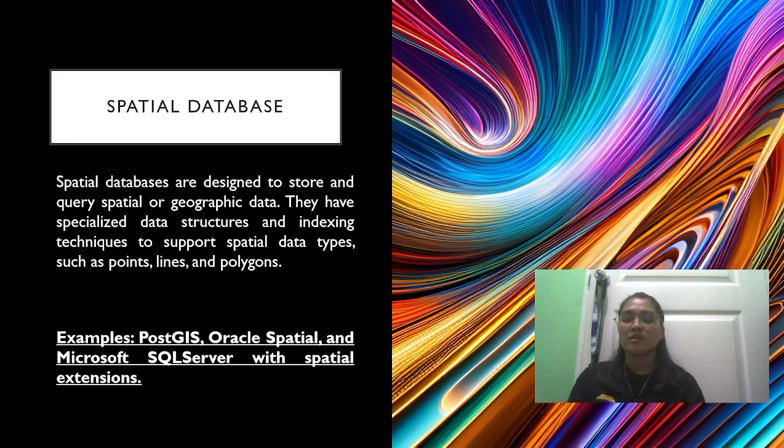A spatial database is usually a relational database that has been enhanced to include spatial data that represents objects defined in a geometric space, along with tools for querying and analyzing such data. Examples of this are PostGIS, Oracle Spatial, and Microsoft SQL Server with spatial extensions.